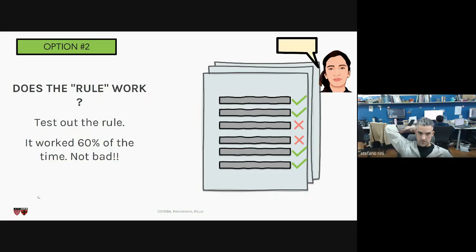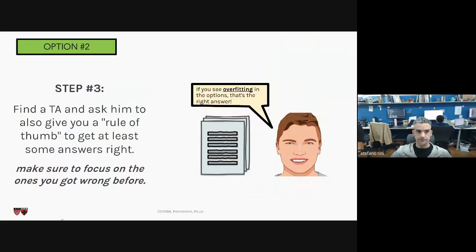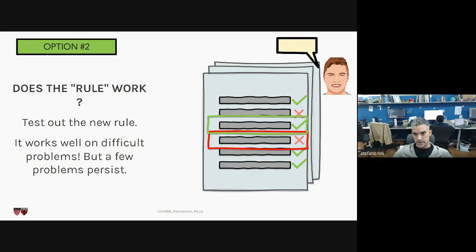So you test out the rule, and you see that it works for 60% of the previous exams. So you know that the rule works. Then you find a TA, and you ask him to give you a rule of thumb. So you make sure to focus on the ones that you got wrong before. From the previous rule in which you made a mistake, you try to correct this one here.